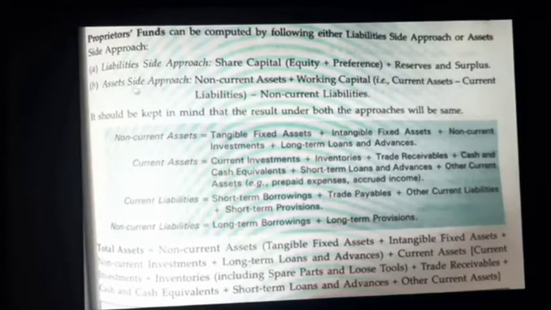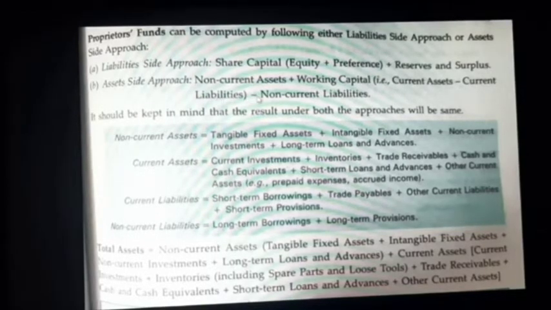And you can use the asset side approach also. To get the answer with the asset side approach, the formula is non-current asset plus working capital. In our previous class, we have studied what working capital is. Working capital, the formula is current asset minus current liability.